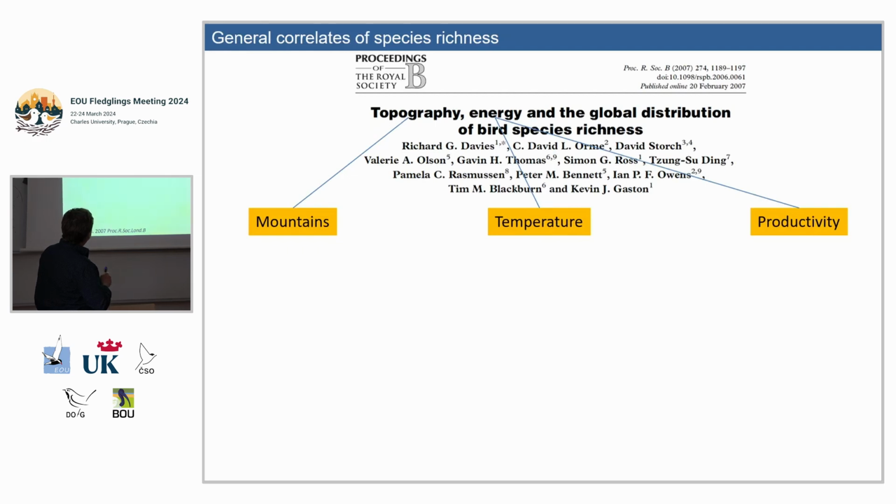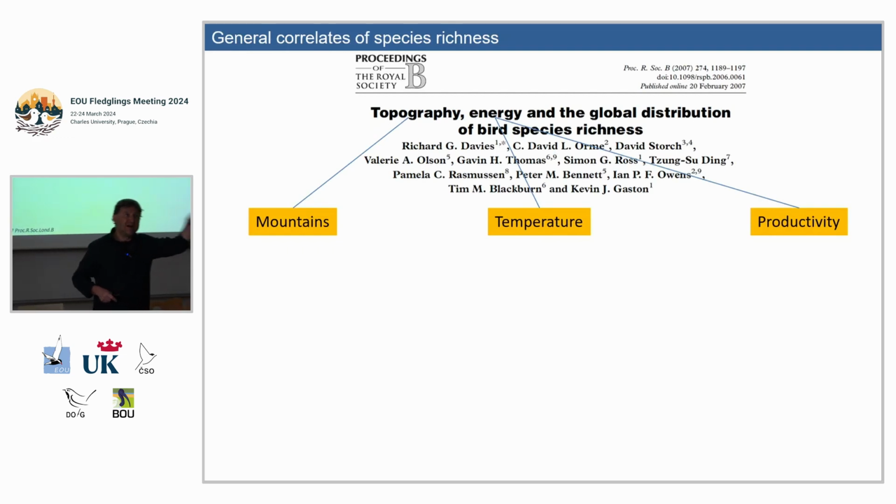The problem is that whereas the mountains are somehow independent of temperature or productivity, the regions where you have mountains basically do not correlate with the regions of high productivity or of temperature. This is not the case for these two variables, which are typically very closely correlated. So it was in the beginning hard to say whether temperature is really crucial for bird diversity or productivity.